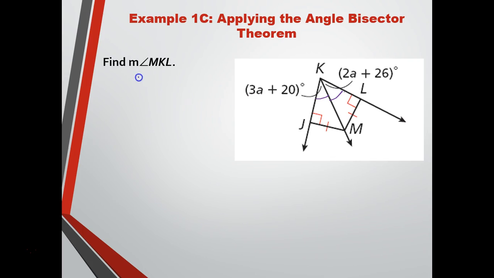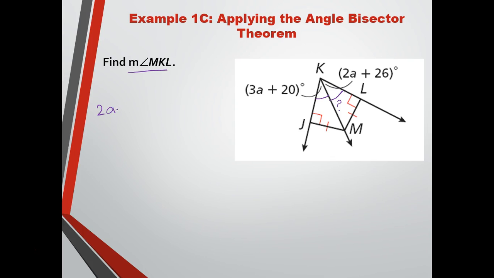So before we find the measure of MLK, which is the one in question, we need to figure out what A is equal to. Since these angles are congruent to each other, we can set 3A plus 20 equal to 2A plus 26 and have an equation to solve.